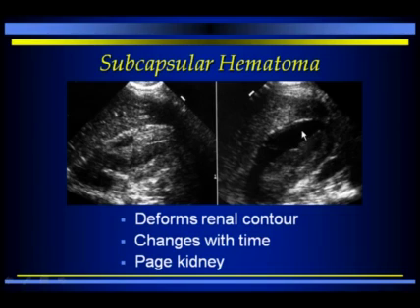So a few days later, it's anechoic now, because the blood cells here have been degraded and dropped to the bottom or been taken away, and what's left is sort of the fluid here. And so it changes with time, and the end result here can be a smaller shrunken kidney that's been compressed, known as a Page kidney, and that can be associated with long-term hypertension.